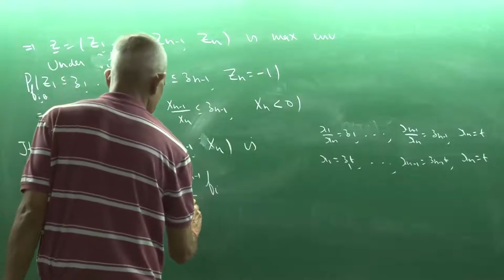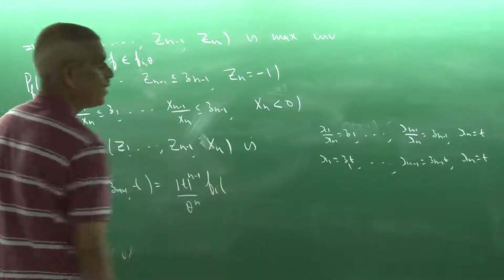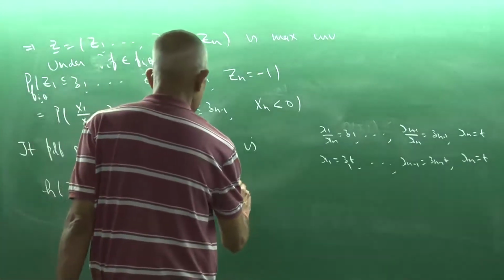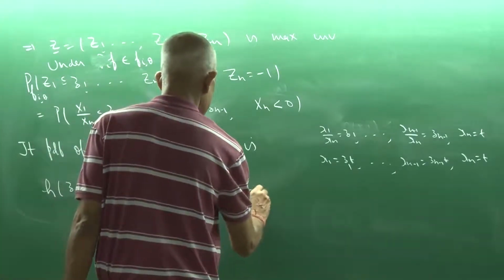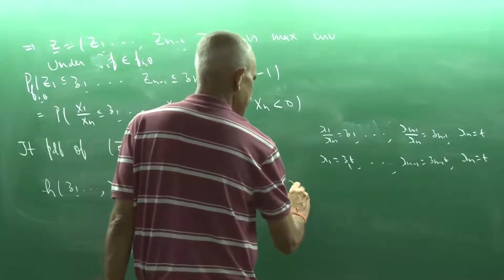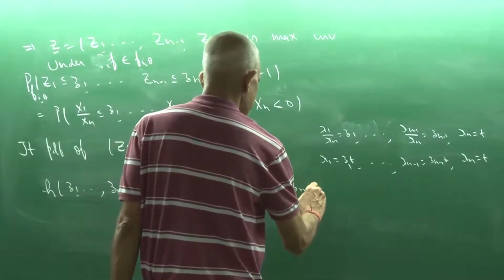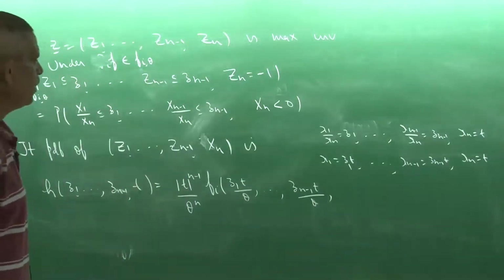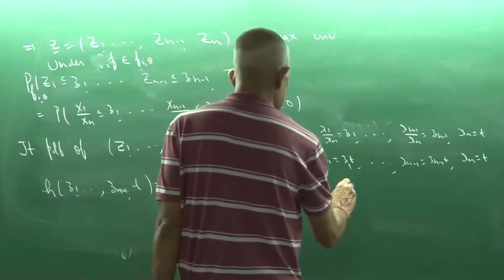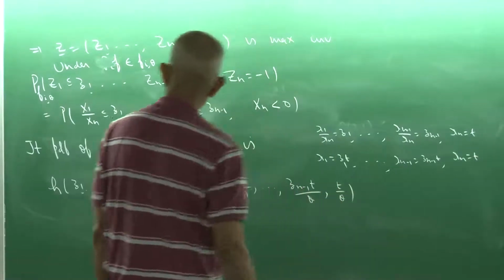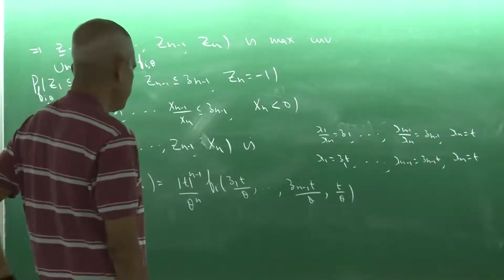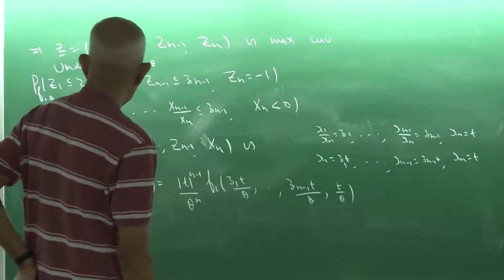So under f theta I am doing Fi of x1 by theta, x2 by theta, and xn by theta. So that is z1 t by theta, xn minus 1 is zn minus 1 t by theta, and xn is t by theta. So this is the joint PDF of x1, x2, xn, and then the Jacobian term you have already written down, mod of t to power n minus 1.